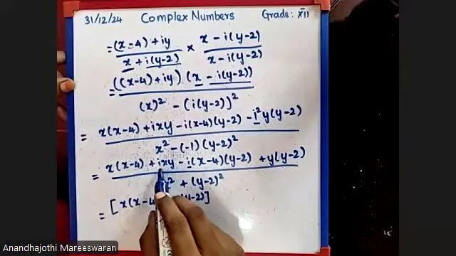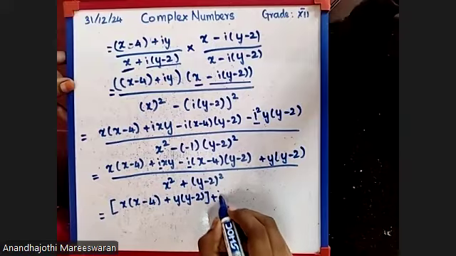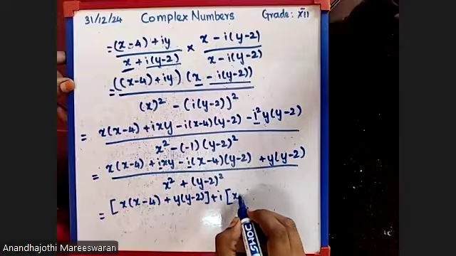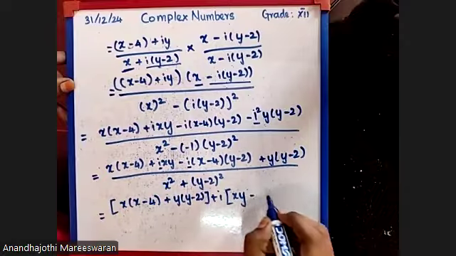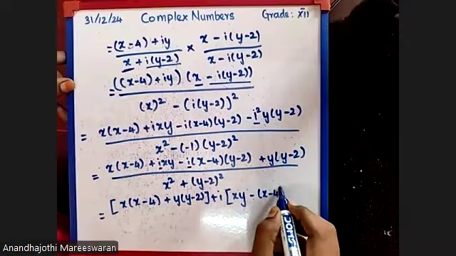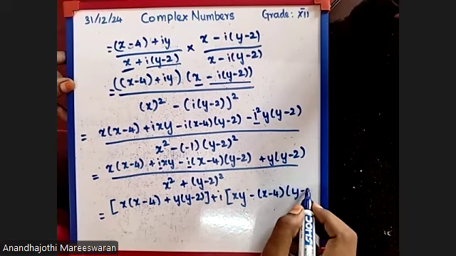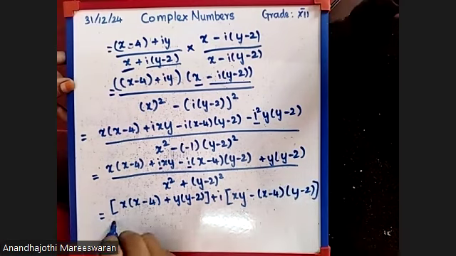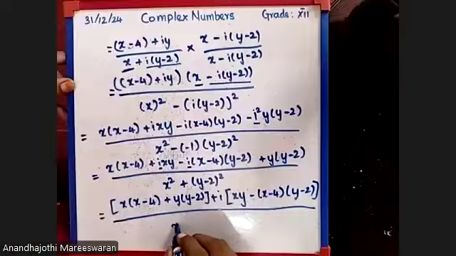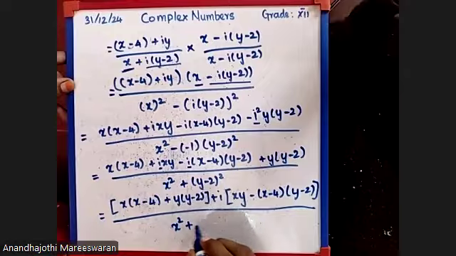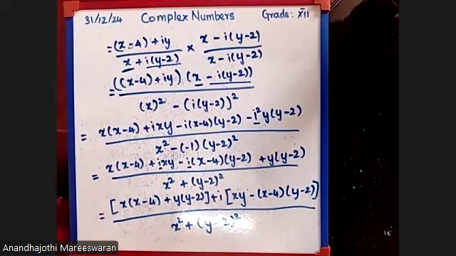I'm going to take this i as common. So plus i multiplied by xy minus x minus 4 y minus 2, right? So the denominator will remain the same: x squared plus y minus 2 the whole square, right? Okay, guys, do you have any doubts till now?